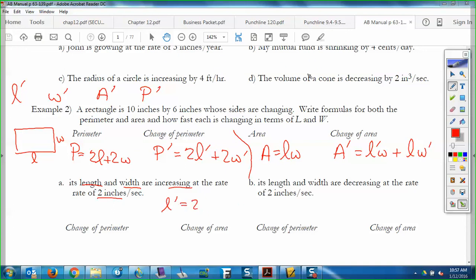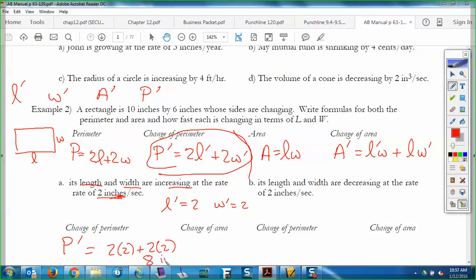Remember what we did up here, right? And what else they tell me? W prime is 2. Right? So can I find the rate that the perimeter is changing? Wouldn't that be this equation right here? So it'd be 2 L prime plus 2 W prime, which would be 8 what?